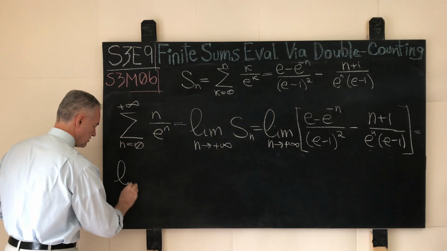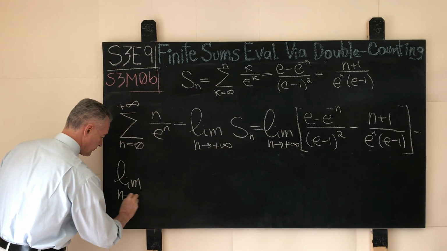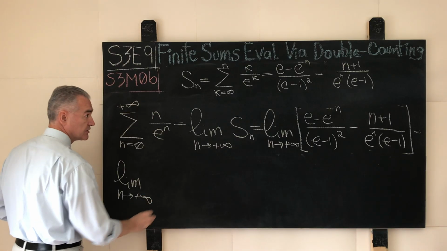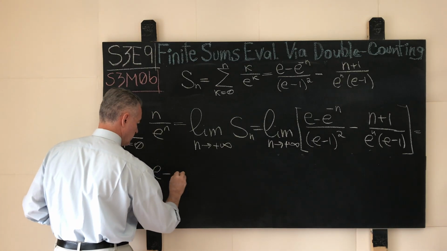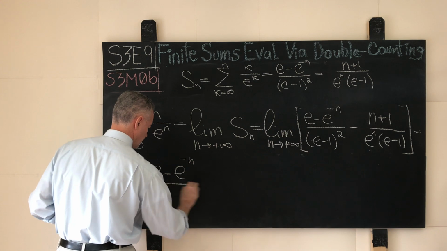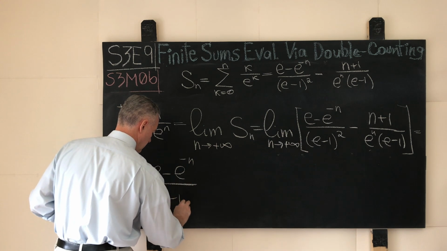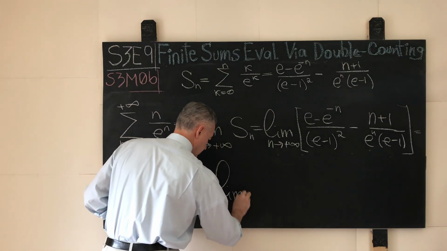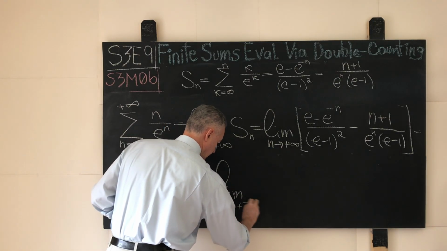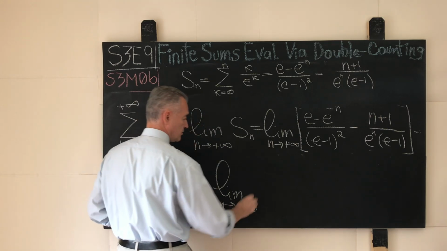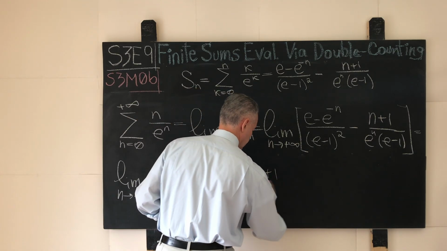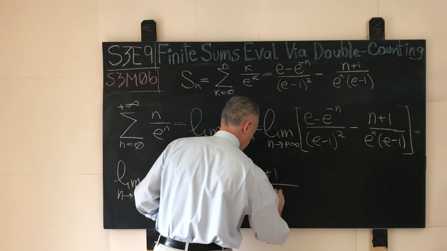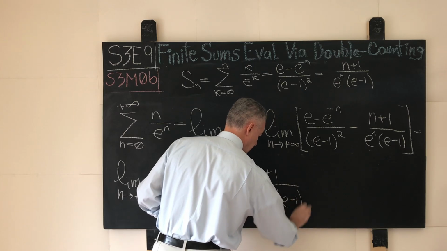This will be a limit of n tending to positive infinity of (e minus e to the power minus n) over (e minus 1) squared, minus the limit of n tending to positive infinity of (n plus 1) over e to the power of n times (e minus 1).